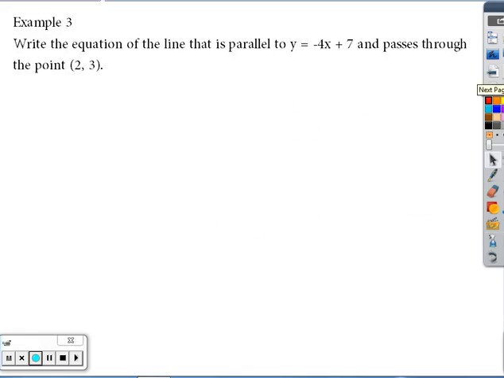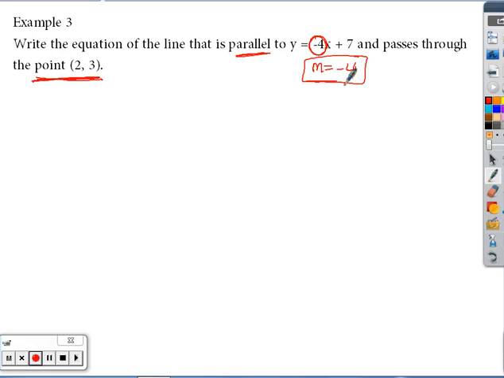Write the equation of a line that is parallel to y equals -4x plus 7 and passes through the point (2, 3). So here we go again. Parallel means same slope. So we're going to extract just the slope from that equation. We don't need any other piece. And it passes through the point (2, 3). So what is this?